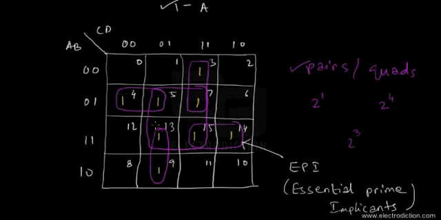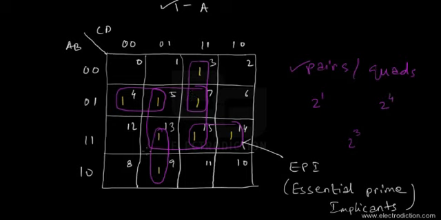So all the pairs that we have got over here, all of them have at least a particular cell, or rather a particular one, which cannot be grouped with any other ones because no other ones are present in their vicinity, okay. Basically adjacent to them. So what we can see over here is that we have 4 EPIs, okay. And now this quad that we have just formed in the center, in that particular quad, each of its elements, that's each of its ones, are being shared with 4 EPIs.